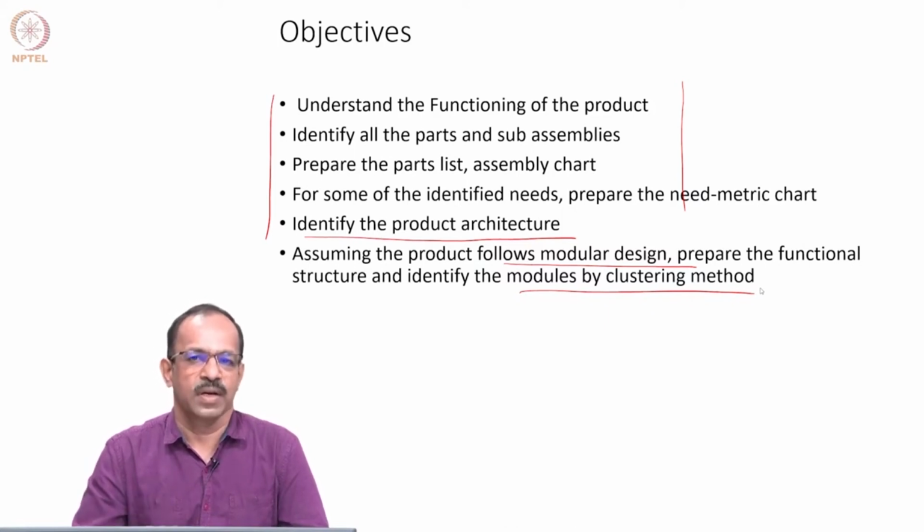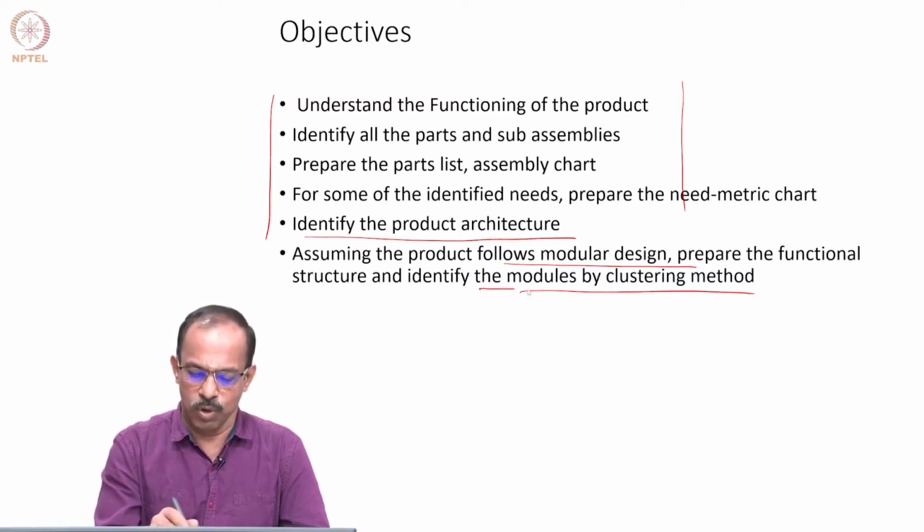We have gone through many methods of product architecture development, that is, the clustering methods, using the functional decomposition. How can we use these functional blocks to identify the modules based on the dominant flow or transmission and things like that. We use one of the methods and try to identify the modules in the product.